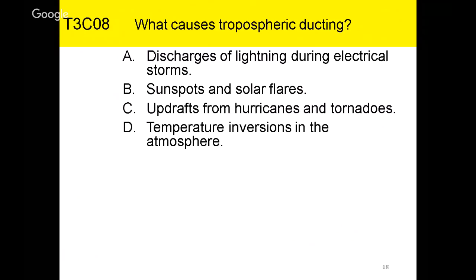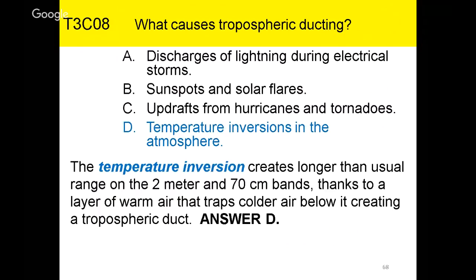So what causes tropospheric ducting? Typically speaking, you have conditions where the atmosphere will heat up, and all of a sudden you create a situation where a temperature inversion will cause a tunnel effect, and your 2 meter or even 70 centimeter bands will enter that duct and travel for long distances, and they can last anywhere from maybe a few seconds to several minutes.